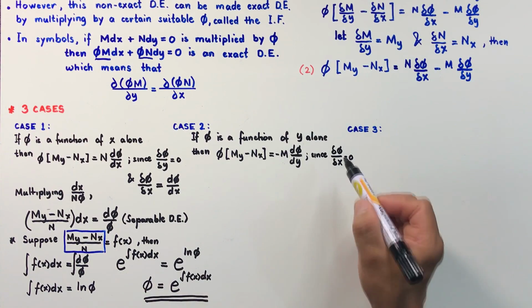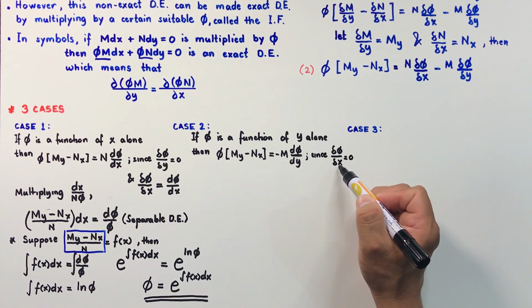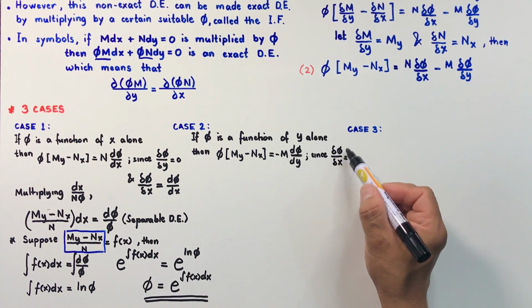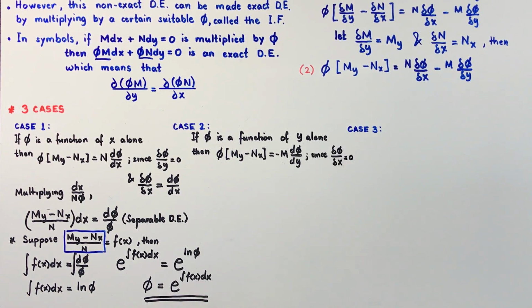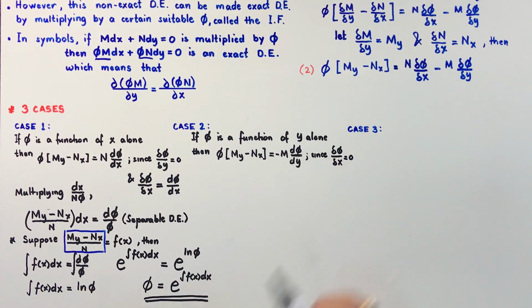Why? Because if your phi function is in terms of y alone, then taking its partial derivative with respect to x is 0, because the y's in this phi are treated like constants, and we know that the derivative of a constant is 0.